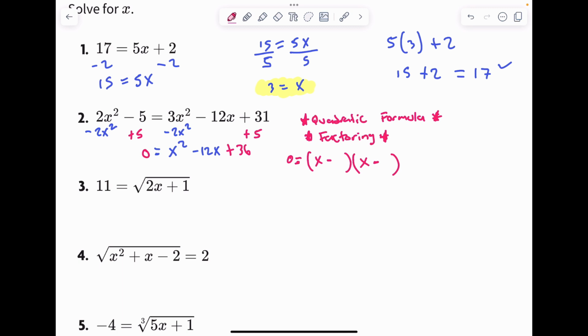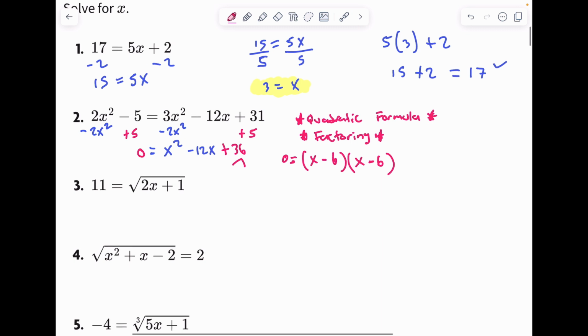Now I need to think about what numbers multiply to 36, but add up to negative 12, right? So I see that 6 and 6 would work for me, okay? Double check that, I get x squared minus 6x minus 6x plus 36, x squared minus 12x plus 36, okay? So this is essentially correct.